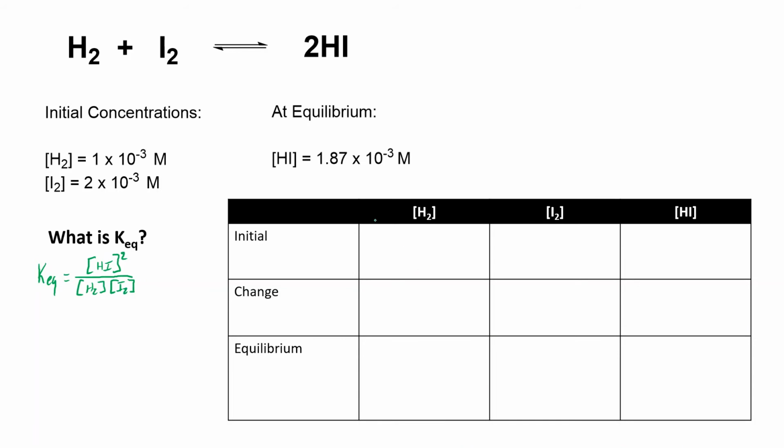What we're given is an initial concentration of H2, an initial concentration of I2, and an equilibrium concentration of HI. Now we can assume that the initial concentration of HI is 0. So let's assume that we're not adding all 3 components and then seeing what happens, right?